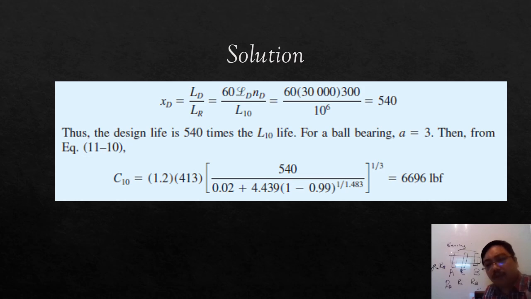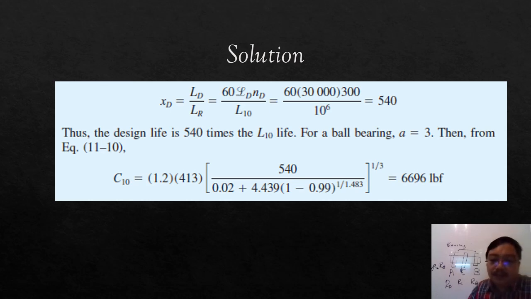So from the formula you get 540, and the design life is 540 times the L10 life. For bearing A equals 3, from the equation you can get 6,696 pounds. What does this solution mean?